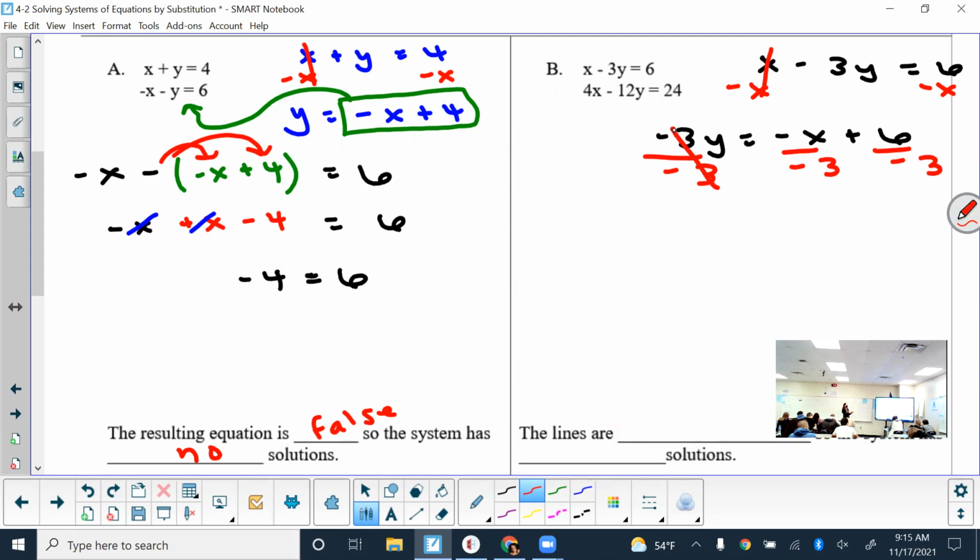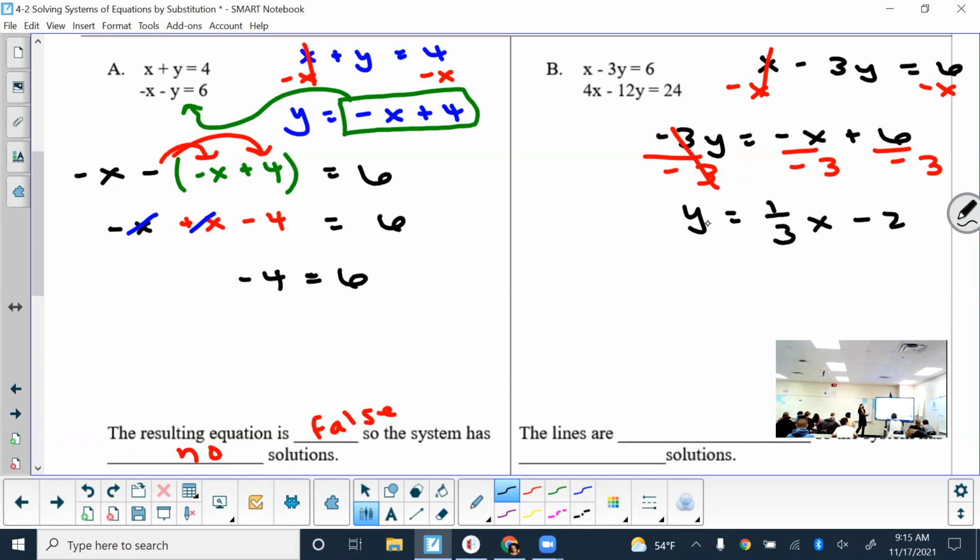Good. And then we get y equals 1/3 x, and 6 divided by negative 3 is -2. If you guys decided to isolate the x, all we would have had to do was add 3y to each side. All right, so you'll get better at it as we go.